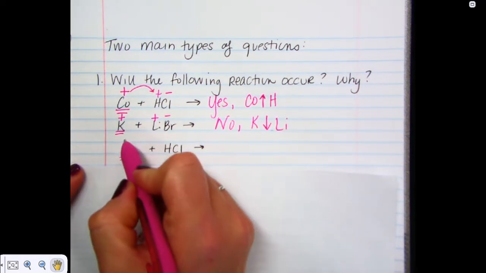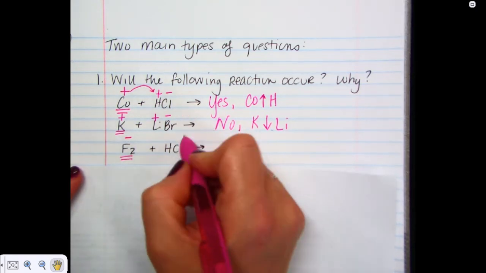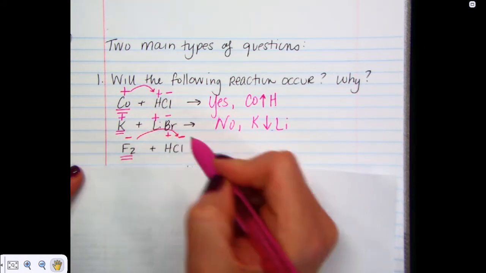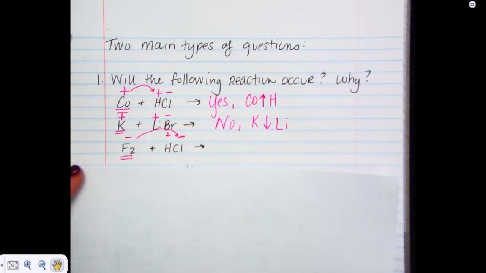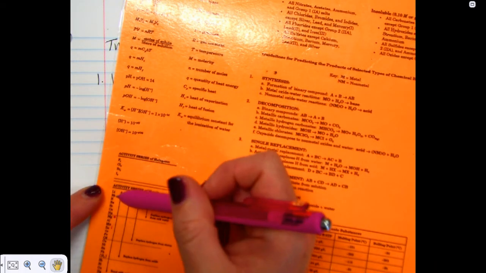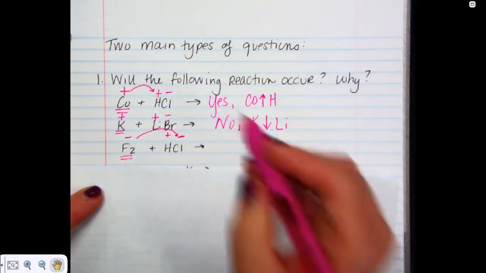Fluorine is a halogen, so it's negative. So what's it trying to replace? It's got to try to replace chlorine, right? It's got to replace the thing that is also negative. So now I need to compare those two on my list. So when I look at my list, here's fluorine, here's chlorine. Will this work? Yes, because fluorine is above chlorine.